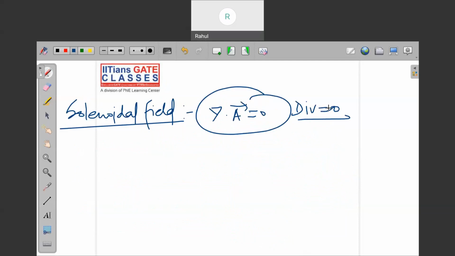That is solenoidal, right? So this does not have any source or sink. If the divergence is 0, what does it mean? What is the physical significance of that? The physical significance is that the water is coming and it is not collecting anywhere. It is flowing, right? The flowing water does not have any divergence.